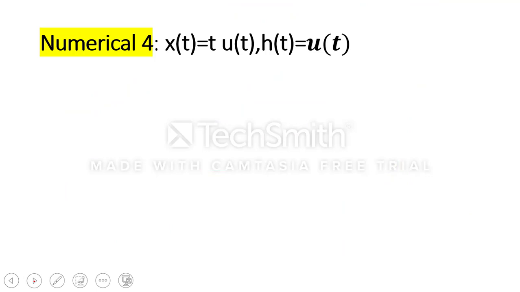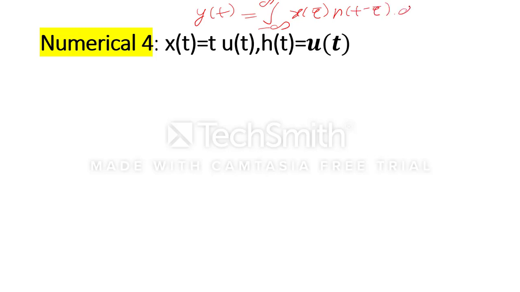Now next is t u(t) and h(t) is equal to u(t). So again I will write the formula. y(t) is equal to integral from minus infinity to infinity x(tau) h(t minus tau) d tau. So if I plot x(tau), this x(tau) is nothing but a ramp signal.